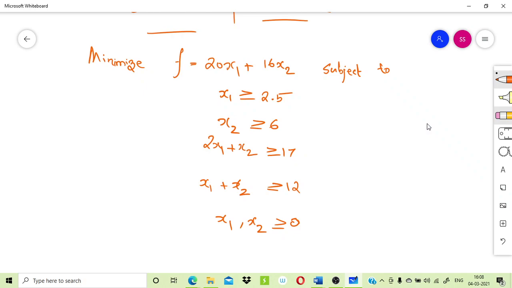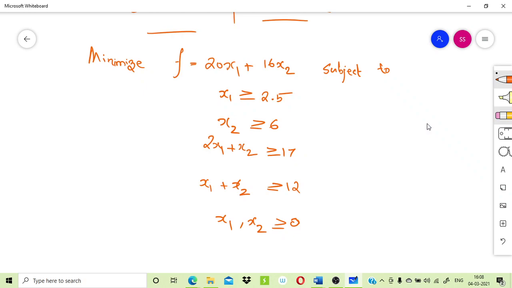And in this you have to approach this problem at the beginning as in the simplex method. You first approach this minimization problem.